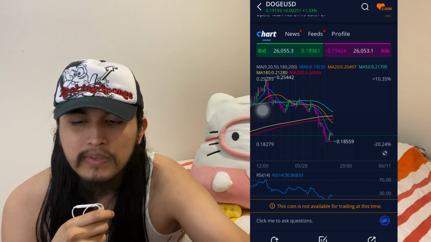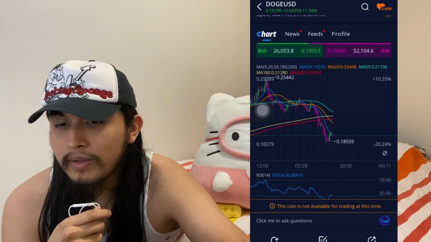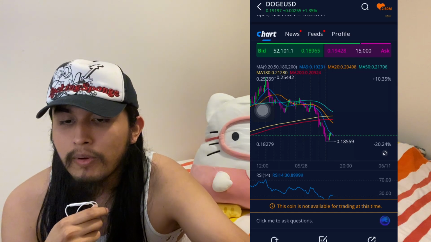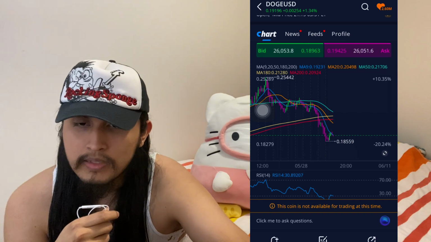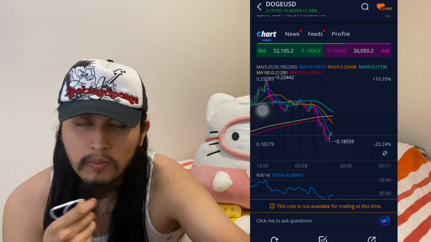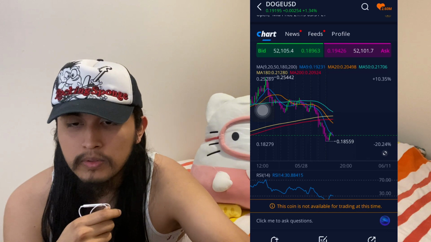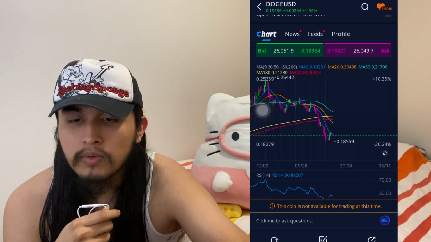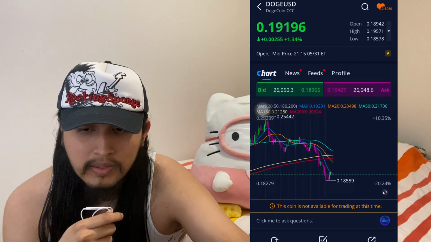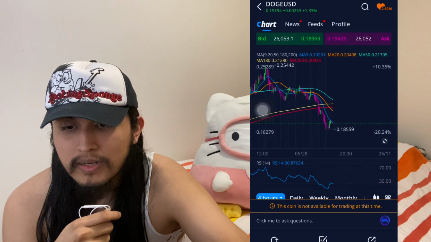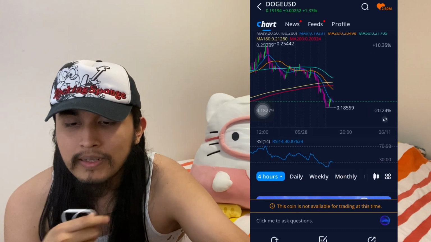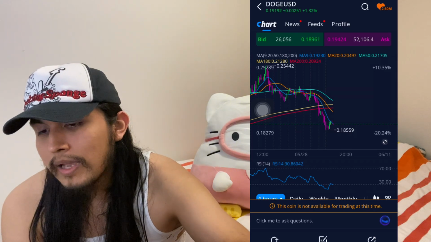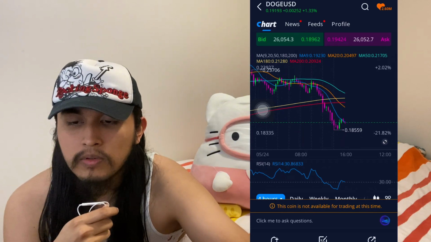And usually when the moving averages look like that, that indicates that that particular stock, or in this case crypto, could enter into a bearish trend. So do I expect for Doge to see further downtrend? Definitely. The reason I say that is because now it is below the 180 and 200-day moving average.